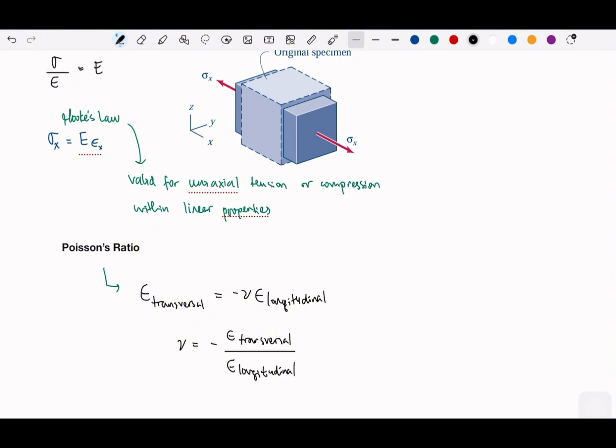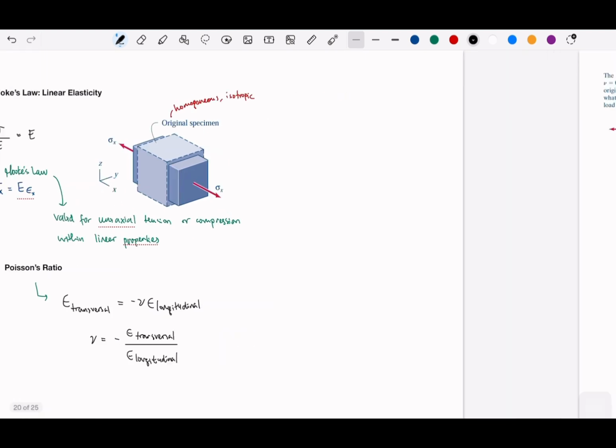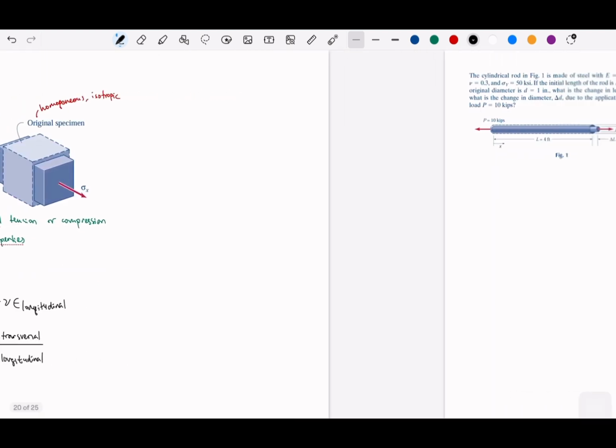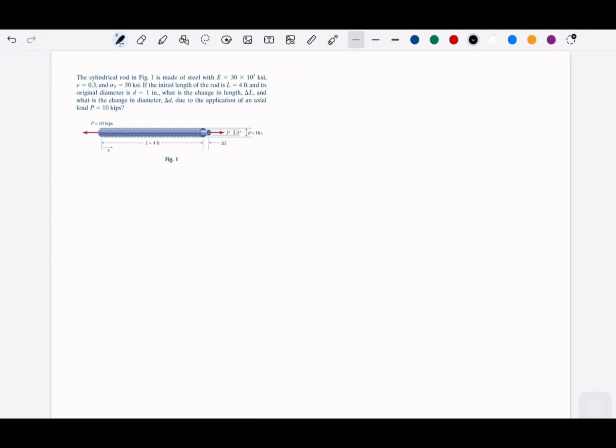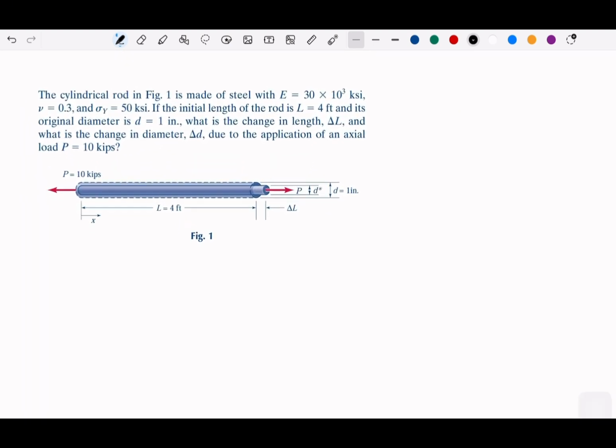That's the stress strain. Let me check. Well, I think for some part of our course, we are going to have some examples here. So here's the example, but I think I forgot to change the units. I'm using another book that has American standard units: kips, feet, inch, ksi.